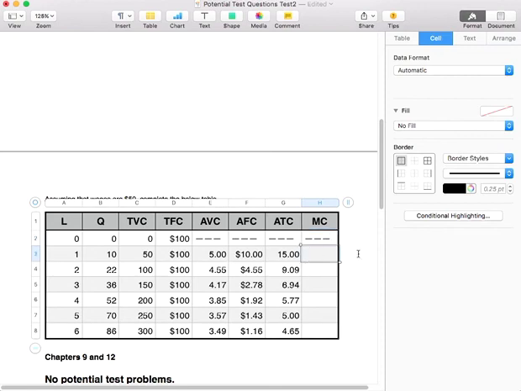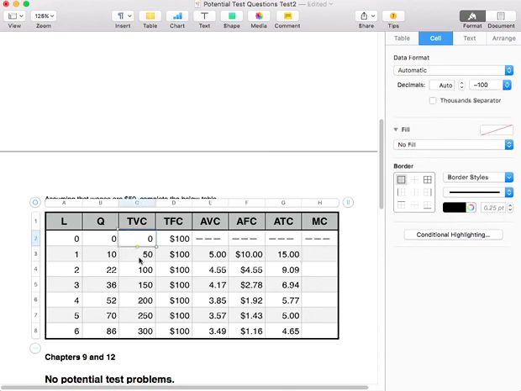So here, marginal cost is the change in total cost divided by the change in Q. Remember, it's how much our total cost changes. We can look at our variable cost here: how much our variable cost is changing, divided by the change in quantity.